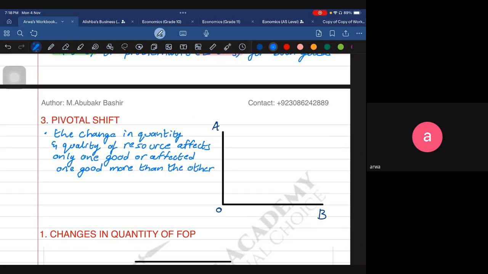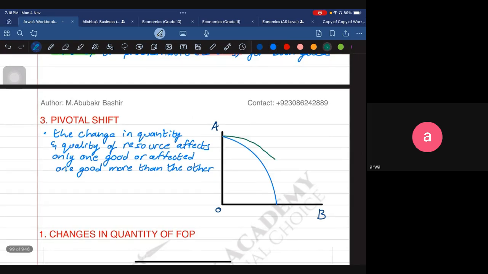So there will be a pivot. Suppose we were at this point and we moved to this point. The resources which have increased in terms of quantity or quality were more suited for the production of good B than good A, right? This is PPC2, this is PPC. You understand this concept.